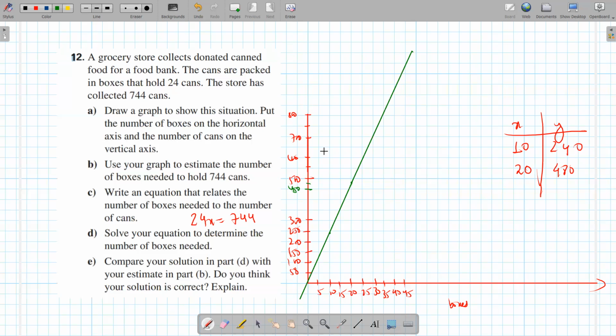Yeah, all right, let's do that. So where would 744 be? Right below 750. And now what? You make a line going down. Yeah, exactly. So what's the answer? 30.